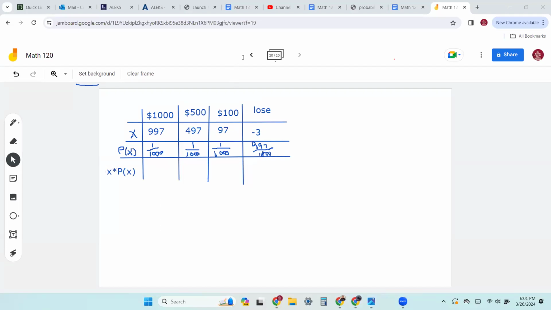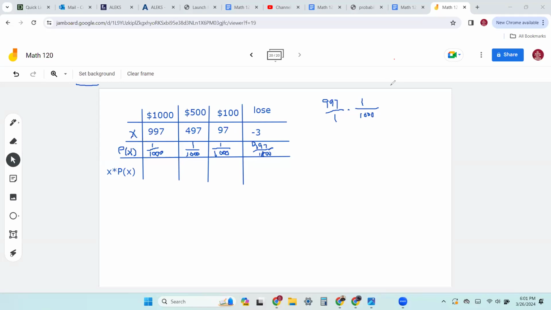So I'm just going to multiply the outcome times the probability. I'm going to show you on this one over here just to show what's happening. We've got 997, and that's a whole number, so it's over 1. And we're multiplying it times 1 over 1,000. We're not going to simplify anything yet, so we're just going to multiply across.